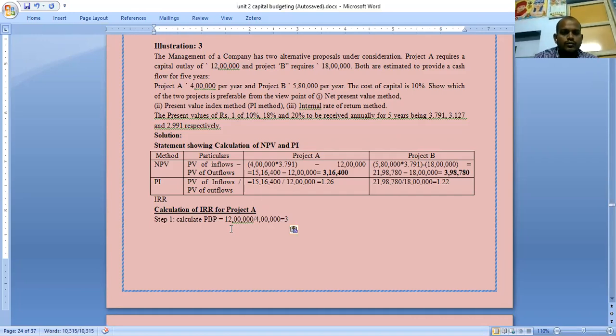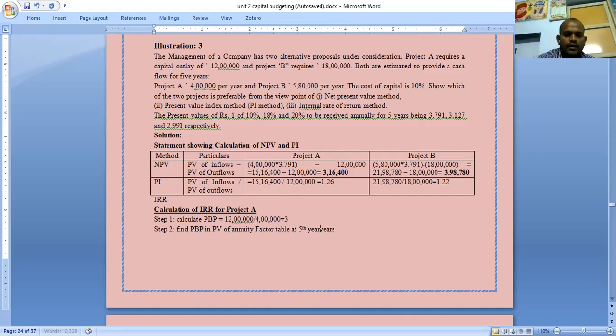So step 2, find the payback period in present value of annuity factor table at fifth year row.